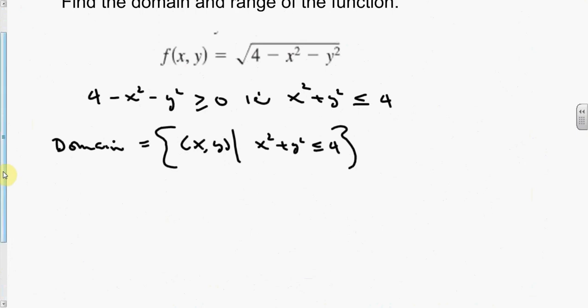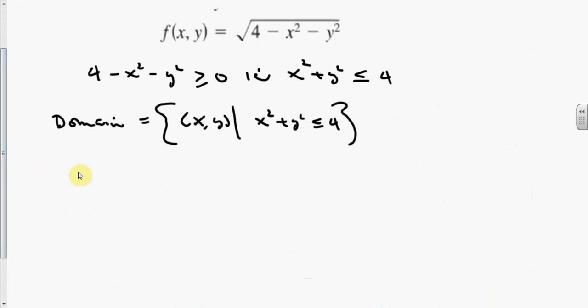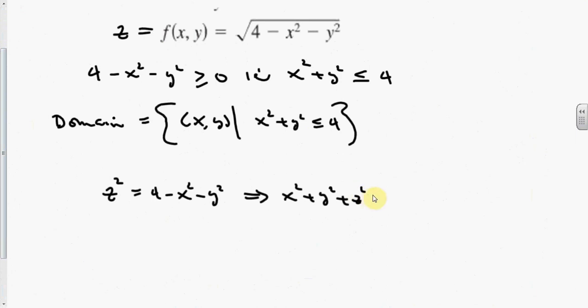Positive, right? One way you could think about it, if let's say that z is equal to f of xy, then z squared is equal to 4 minus x squared minus y squared. This implies that x squared plus y squared plus z squared is equal to 4.